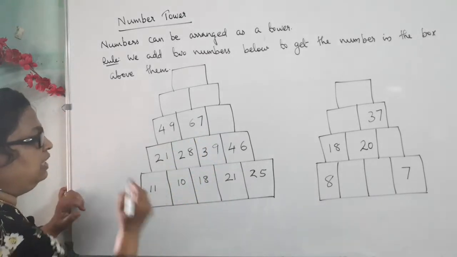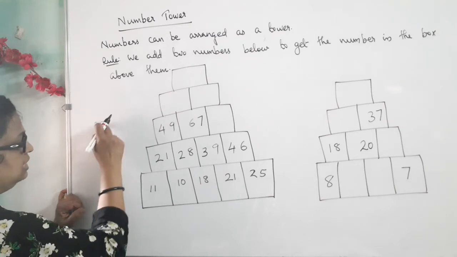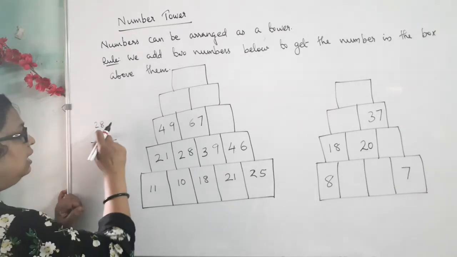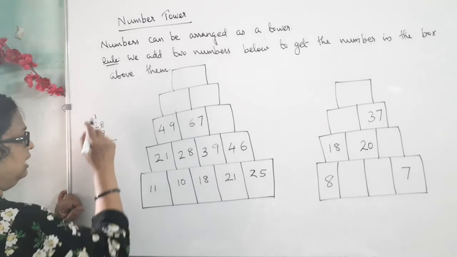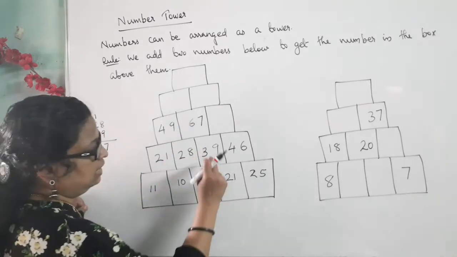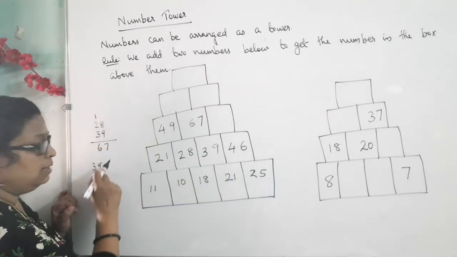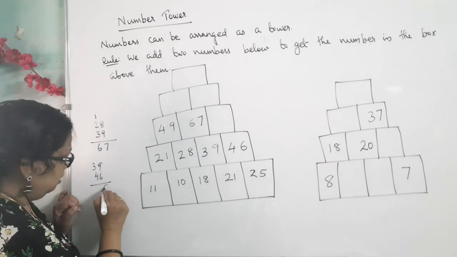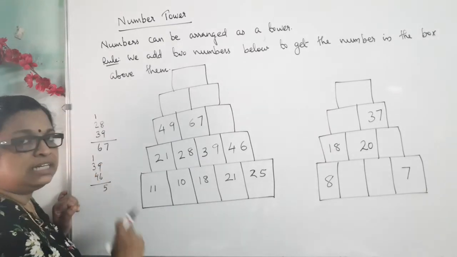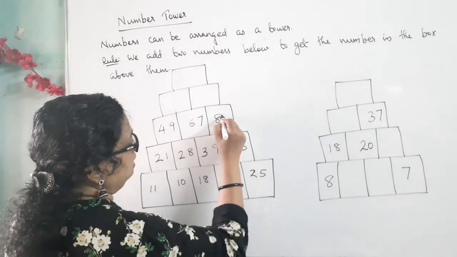So any difficulty you feel, you can write 28 plus 39 column wise, then 8 plus 9, that is 17, 1 carrying, 3 plus 2, 5 plus 1, 6. So we get 67. Then 39 plus 46, then 9 plus 6, 15, 1 carrying, 4 plus 3, 7 plus 1, 8. So 85, that we write here.